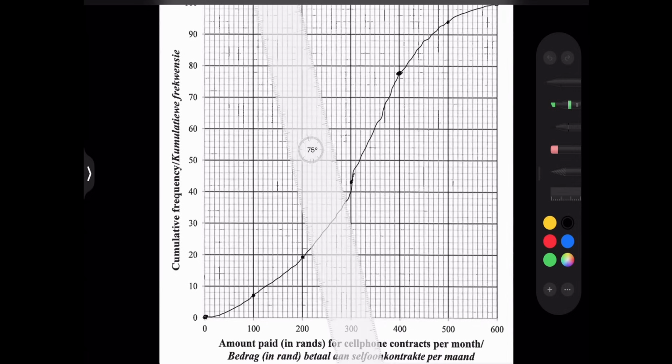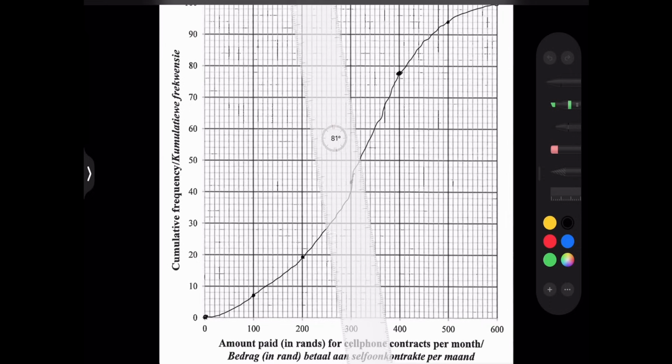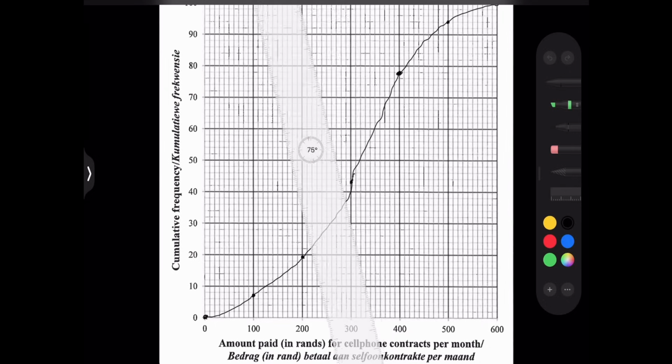So that would be 100 minus 79, or you can say 78. So the number of people is 100 minus 78, so that would be around 22 people. So that would be the number of people that paid more than 420.